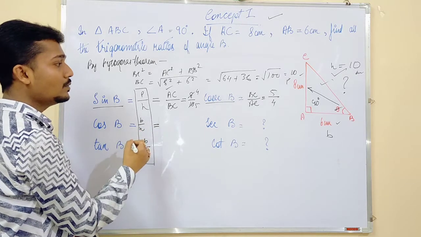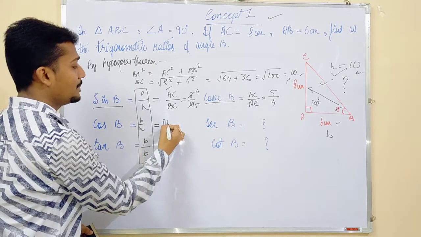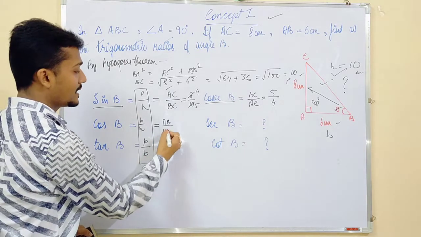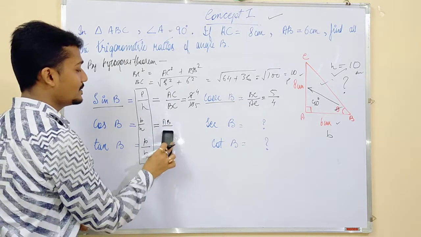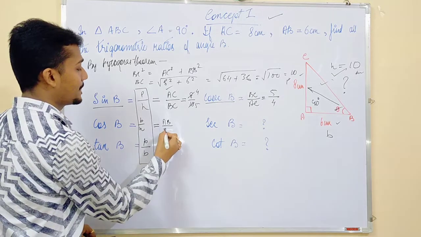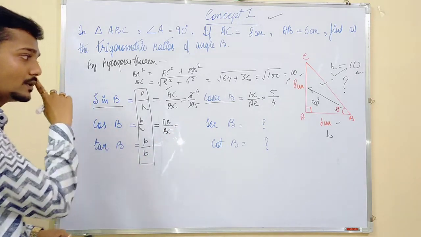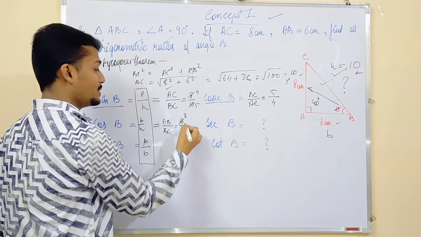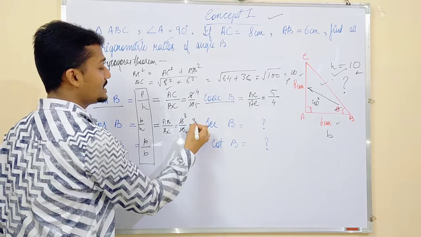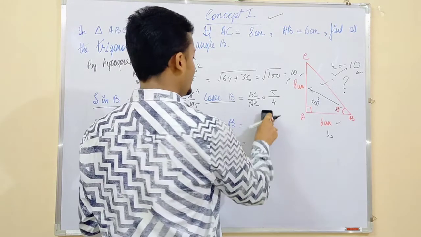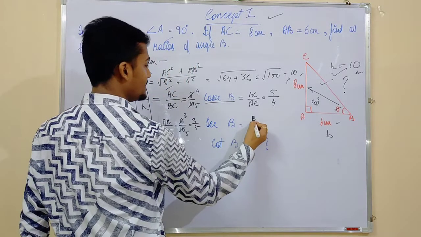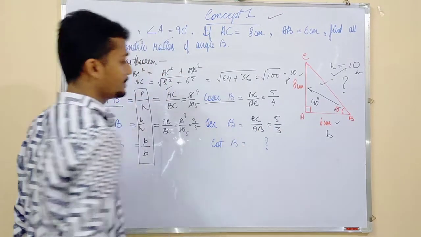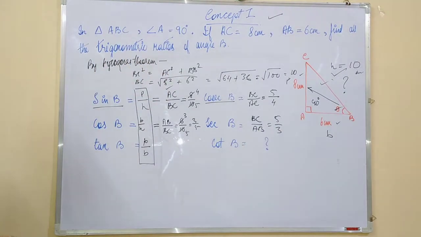B is equal to AB, and H is equal to BC. So AB is 6, BC is 10. That means 2 threes are 6, 2 fives are 10, so 3 by 5. So sec B is BC by AB, which is equal to 5 by 3, isn't it?